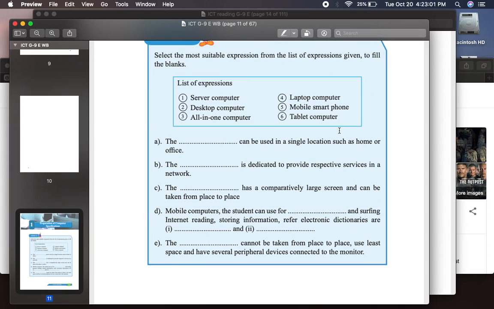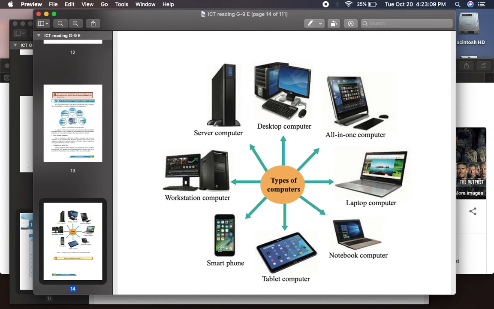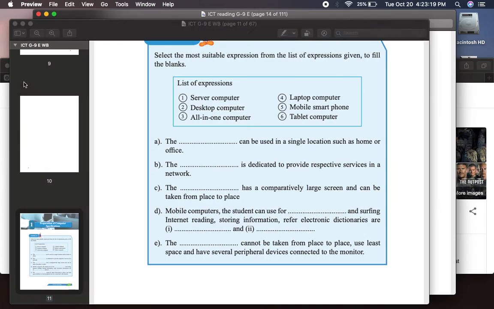So if we use the term homework, you can't do that using a mobile phone. It's possible, but it's difficult. A tablet computer, again, it's possible, doable, but difficult.